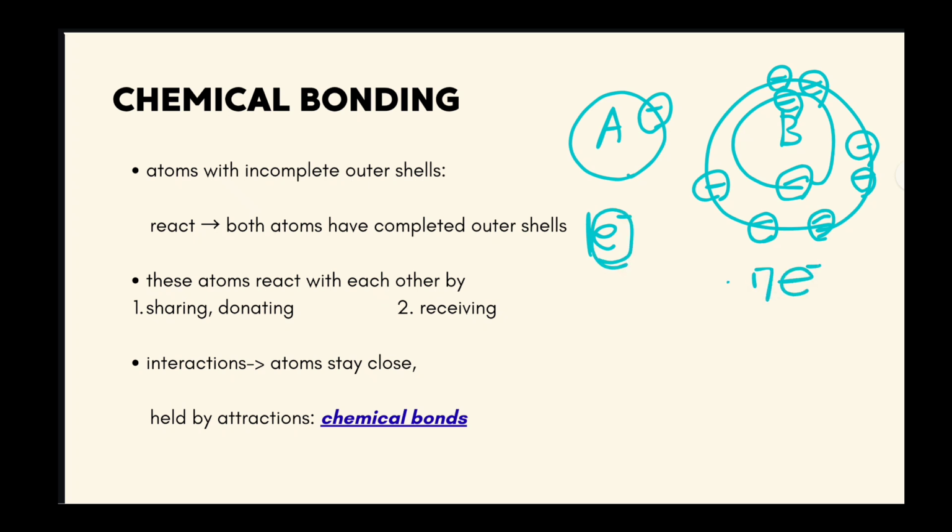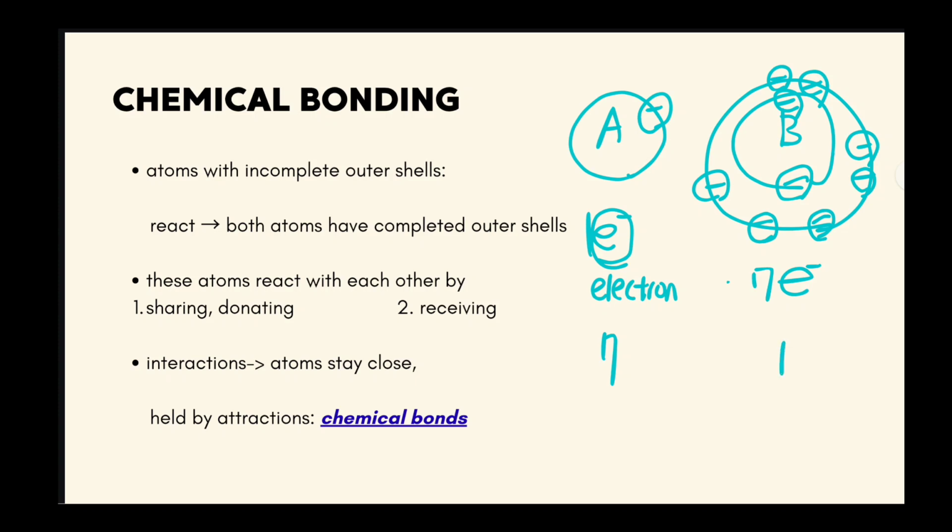This is just a symbol for electron. For atom A to become full, it needs to gain 7. And for B to become complete, it needs to gain 1 electron.